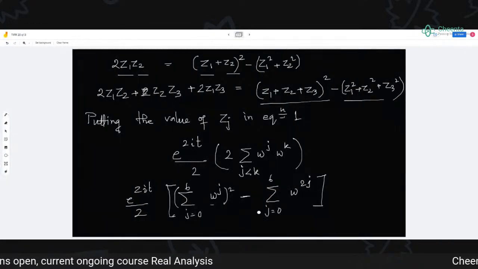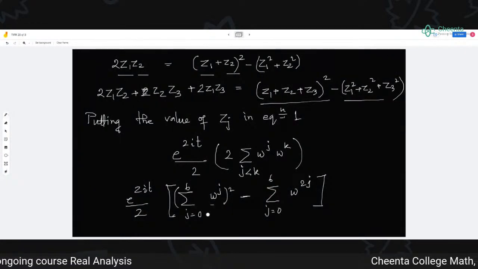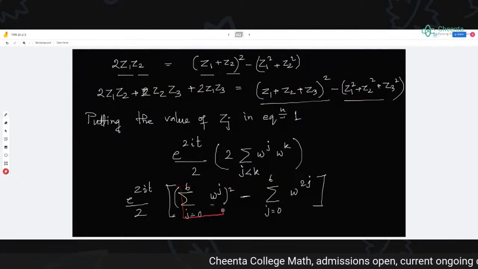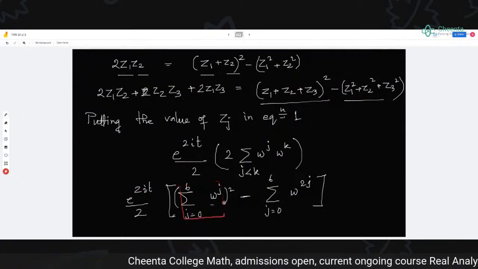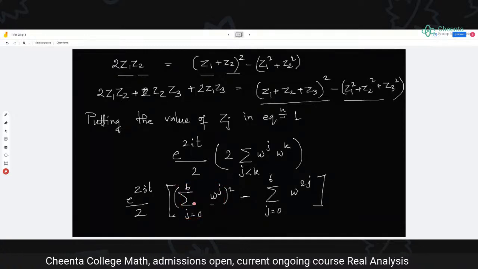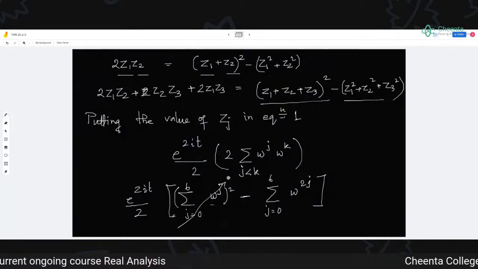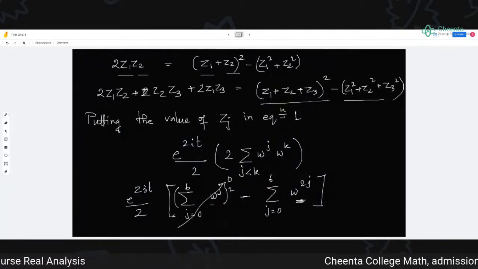So if you take this, then what is the first part? The first part is just the summation of the seventh roots of unity, 1 plus omega squared till omega to the power 6, and hence this entire term goes to 0. What about the other term?